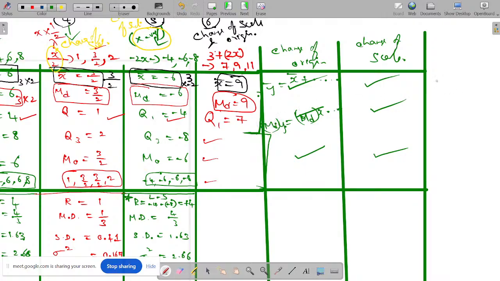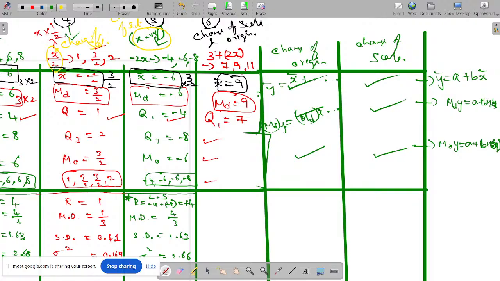So generally what we write here is Y bar is equal to a plus b X bar. Median of Y is equal to a plus b into median of X. And here mode of Y is equal to a plus b into mode of X. Is it okay? This is X, right as it is.